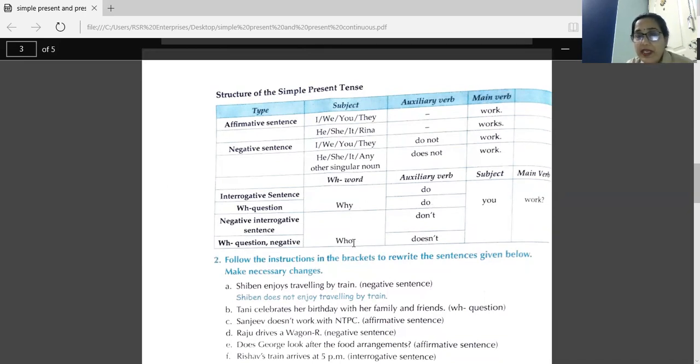We are taking the example who don't work. WH question negative: who doesn't work. Okay, this is the structure of the simple present tense in different sentences, that is affirmative, negative, interrogative, and negative interrogative.